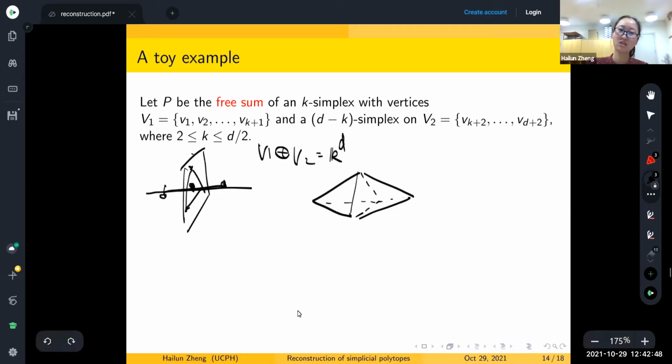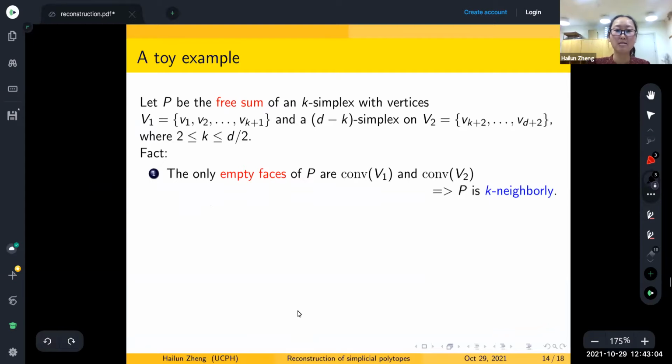But of course, they are not going to be faces of P. Let me just say that they are empty faces. But actually their boundary, which is the empty triangle, the 3 line segments of this triangle, is actually on the boundary of P.